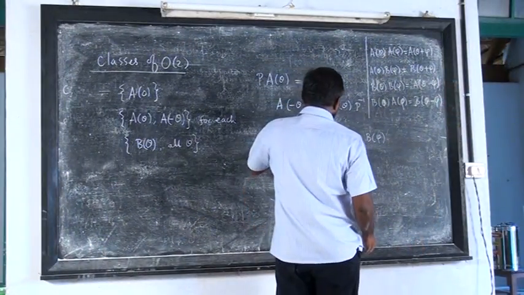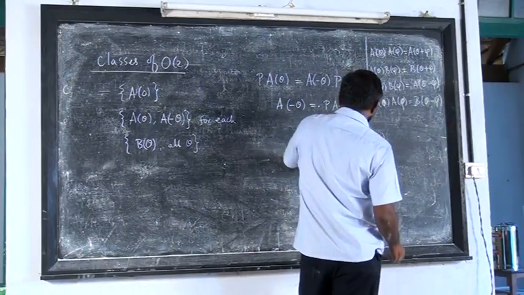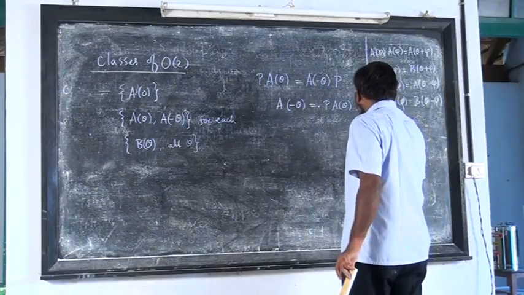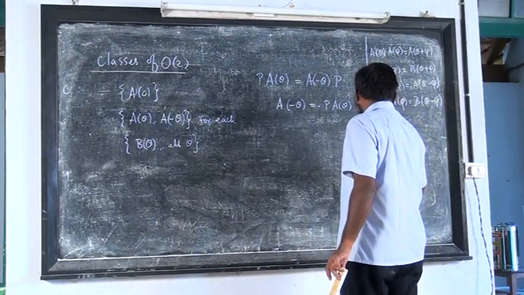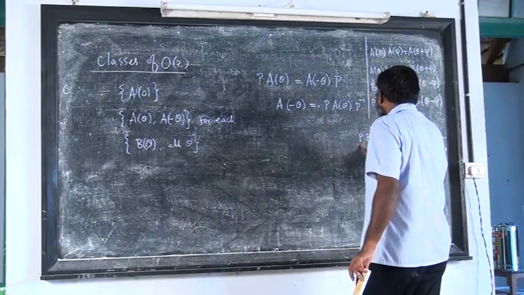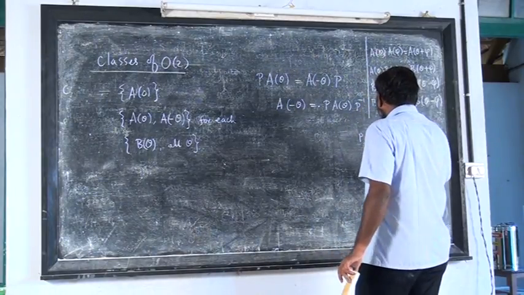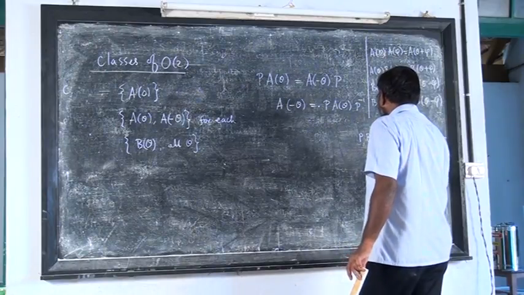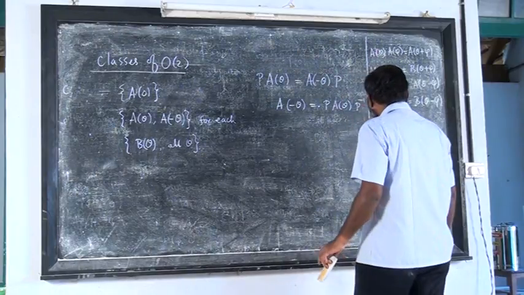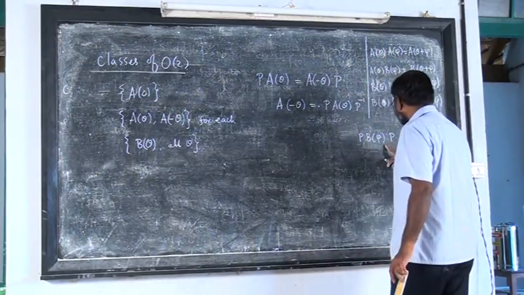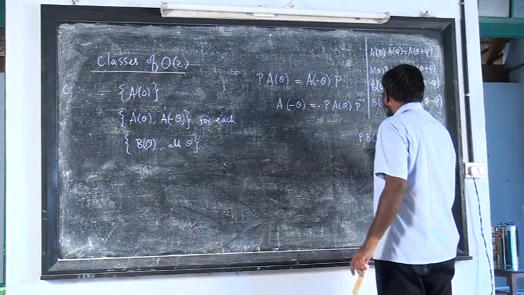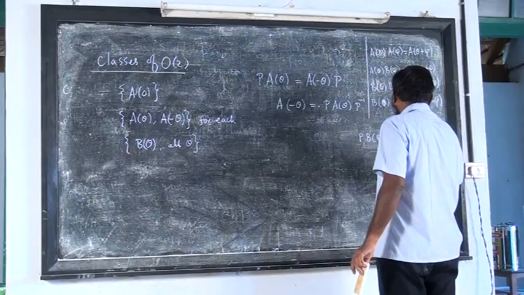So let us conjugate it and see. Suppose I use P here, then what happens? P and P inverse. P inverse is same as P. B of minus phi.